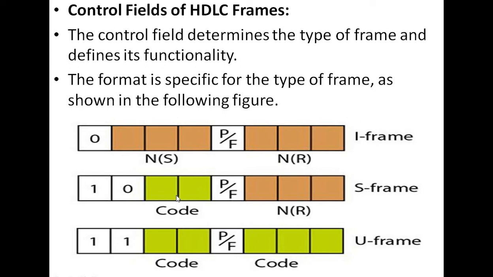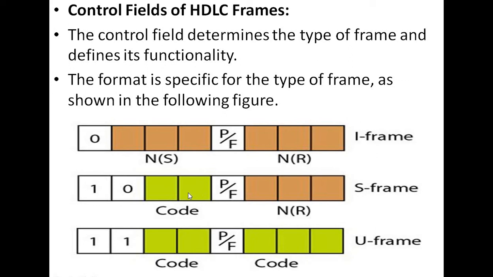And if the value of the code subfield is 1 and 0, then we can consider it as an RNR, that means receive not ready S frame.